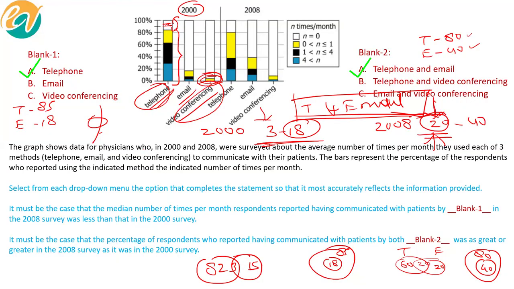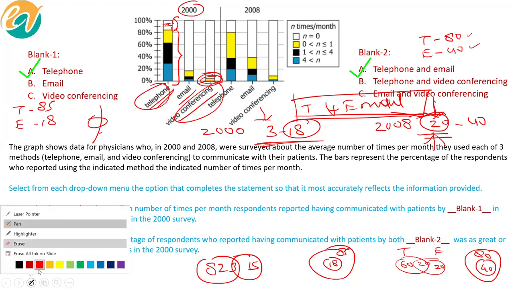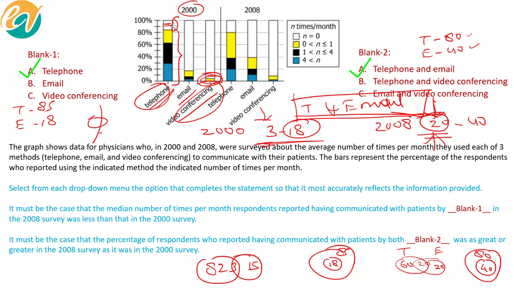Are you getting me? This is the worst case scenario. And what would be the best case scenario? The best case scenario would be when these 4% physicians are among the 85% physicians who are already using telephone.